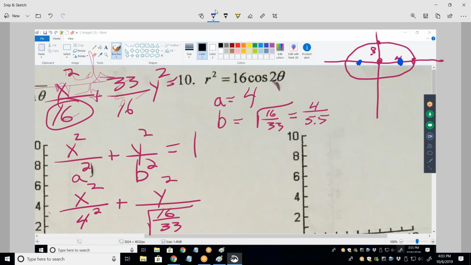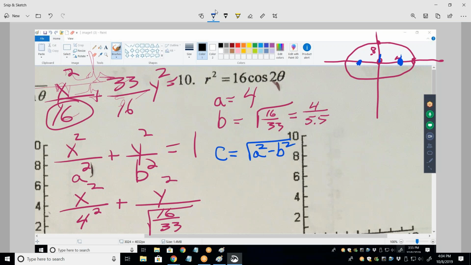If I did need the foci, c is the square root of a squared minus b squared. That would give me the distance between there and the foci, something less than 4, obviously. In other words, if I was analyzing it as a conic section, where I would want to know where those foci are, those are the focus points.